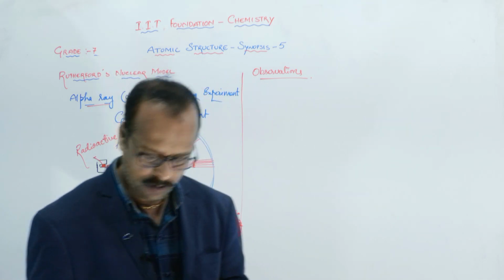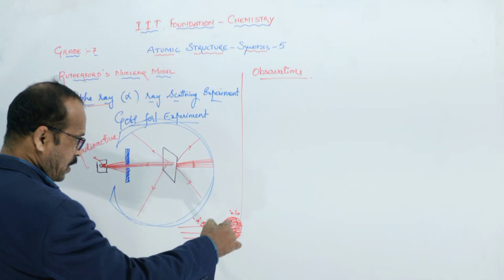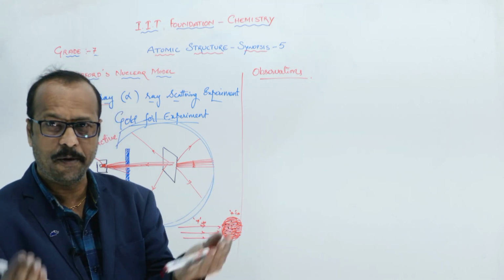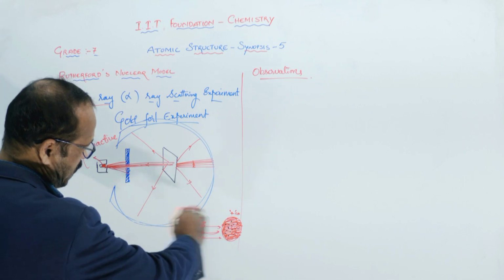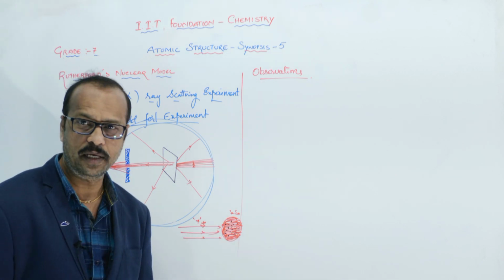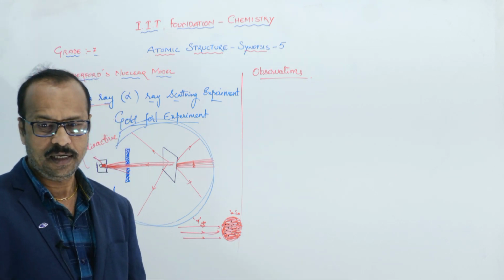This you know. So here, according to J. J. Thomson, the atom is a positively charged sphere, and Rutherford passed positively charged particles, alpha particles. Then what should happen?